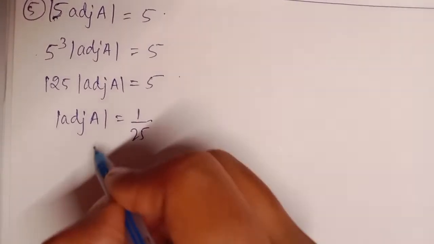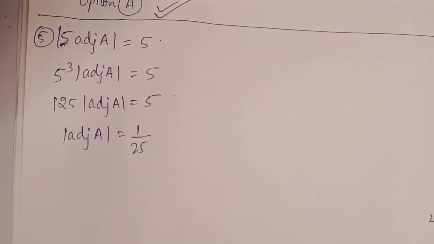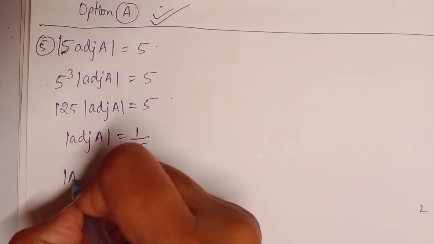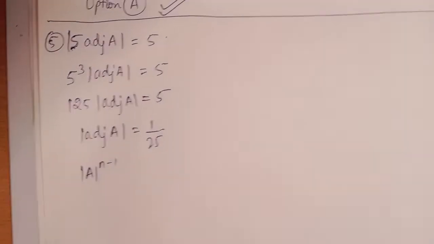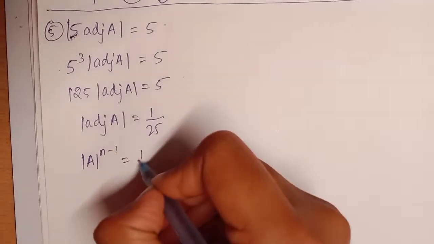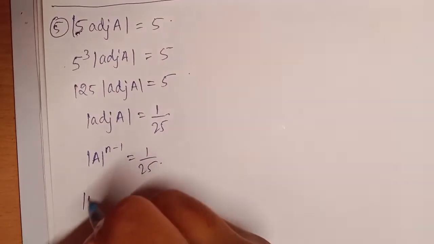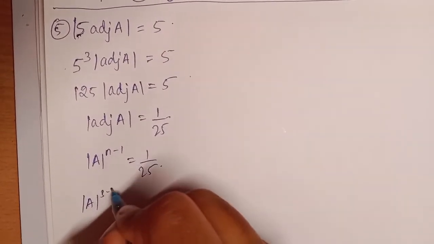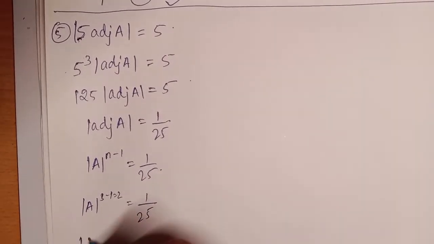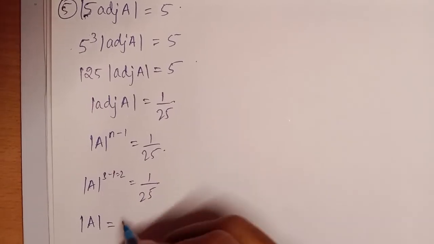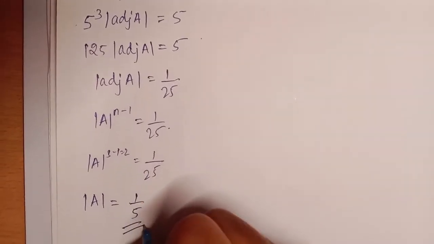Right? So adjoint A is what? Determinant of adjoint A is determinant A to the power n minus 1. n is the order of the matrix. So this becomes determinant A to the power 3 minus 1, which is 2, equal to 1 by 25. So determinant A squared is equal to 1 by 25.